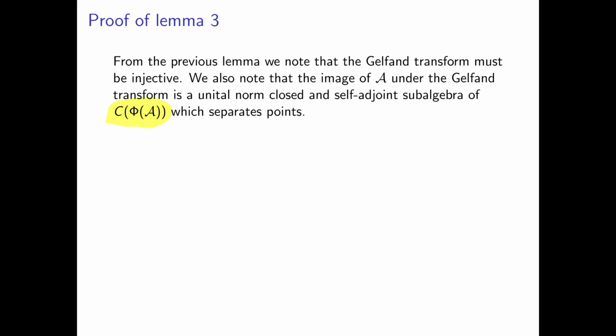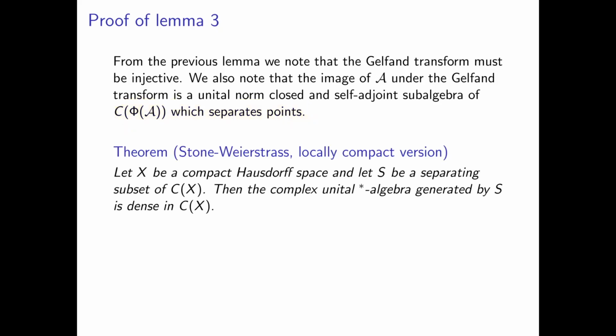And the reason why we note all of these technical ideas, that the image of A under the Gelfand transform is a unital, norm-closed, and self-adjoint subalgebra of this algebra here, which separates points, is because this enables us to use the Stone-Weierstrass theorem, or the locally compact version of it, which states that if X is a compact Hausdorff space and S is a separating subset of this set here, then the complex unital star algebra generated by S is dense in this set here. So what does this actually mean for us?